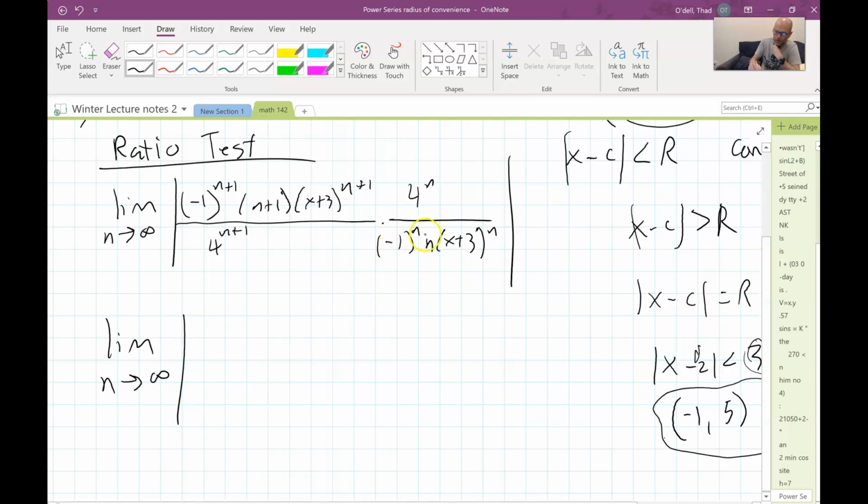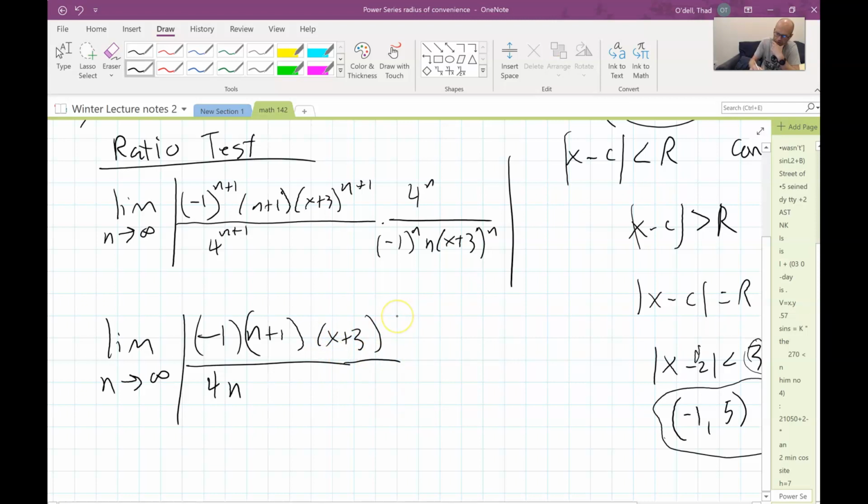Okay, so let's simplify some things for a minute here. The -1 to the n and -1 to the n plus 1 is going to give me just -1. And of course the n plus 1 doesn't cancel out. We'll leave an n on the bottom. The 4 to the n plus 1 and the 4 to the n, all the 4s will cancel out except for one of them, so that'd be a 4 down there. And what else we got? The x plus 3 to the n plus 1 and the x plus 3 to the n, that's just going to leave an x plus 3 on the top.